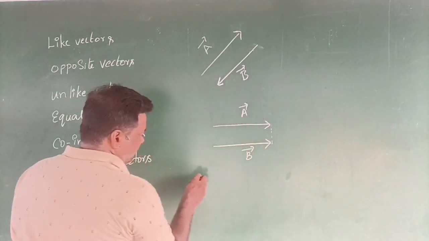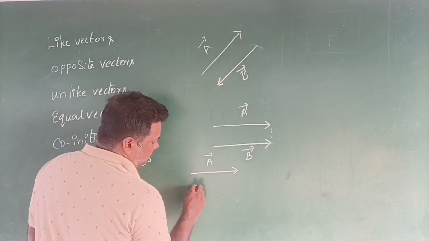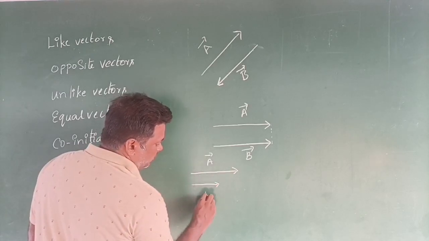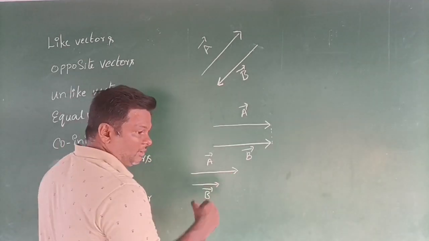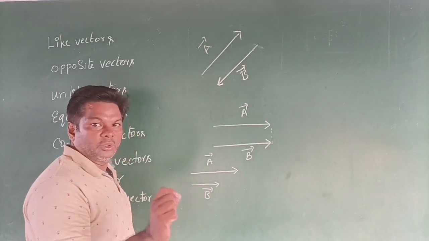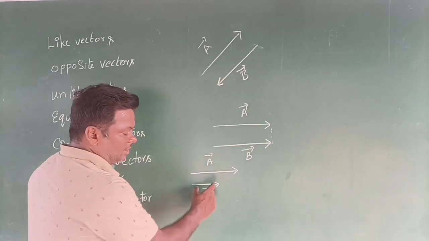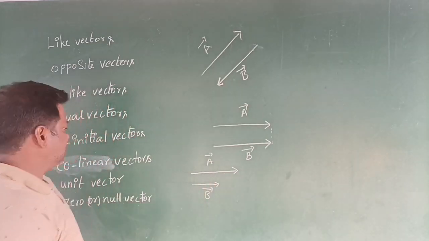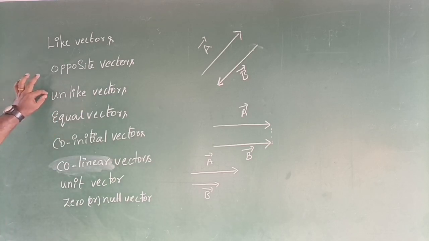Suppose the same A of 20 centimeters is drawn here, and this is B. What is the size of these two vectors? Are they parallel? Yes, they are parallel. Are they equal in magnitude? No, they are not equal in magnitude. They are unequal vectors, or unlike vectors you will get.